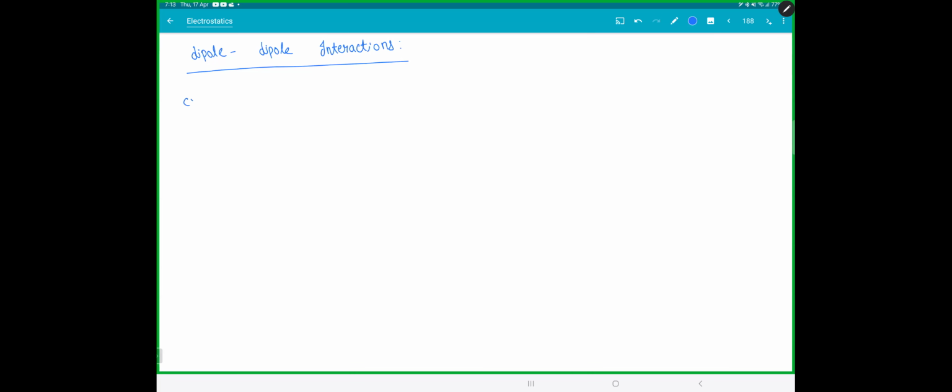So case one, let's say if we keep dipole here, P1 bar, and let's say when we keep one more dipole here, P2 bar, and let's say the distance between them is R. And the R is very, very large compared to the size of the dipoles.